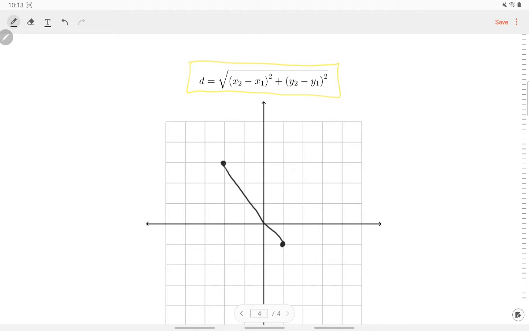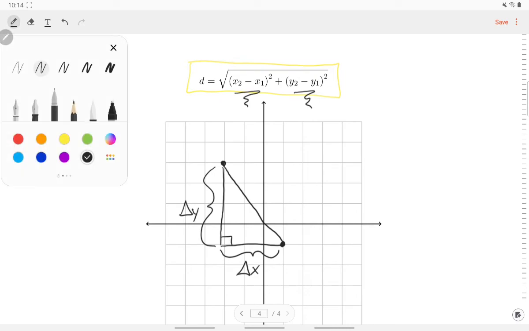That's a really bad drawing of the line, but go with it. Well, you actually just need to do Pythagorean theorem on this. If I find the change in x, I'll have one leg. If I find the change in y, I'll have the other leg. That's my x2 minus x1, y2 minus y1. Pythagorean theorem says you square both, and then take the square root of the sum to find the hypotenuse.